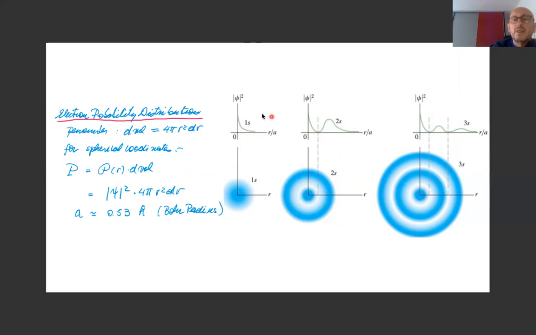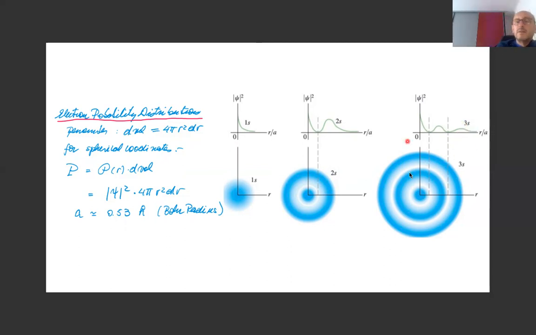Here I have displayed several phi squared for different values of the wave function: the 1s, the 2s, and the 3s state. A 3s state is n equals 3 and L equals 0. That's what an S state means.